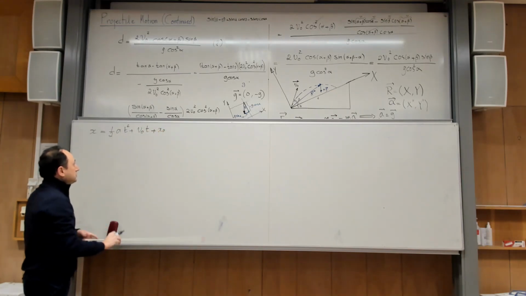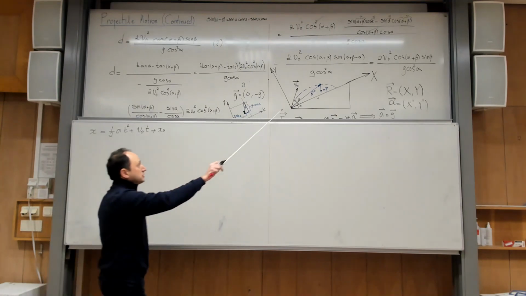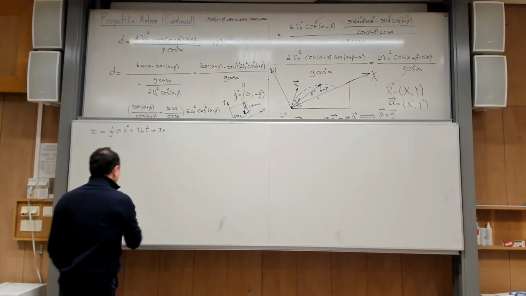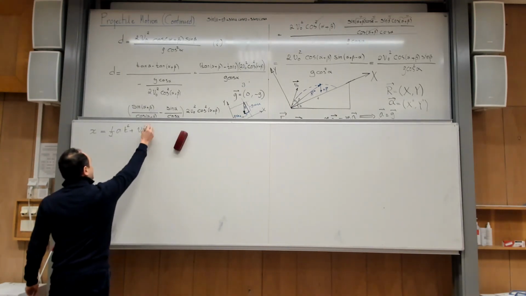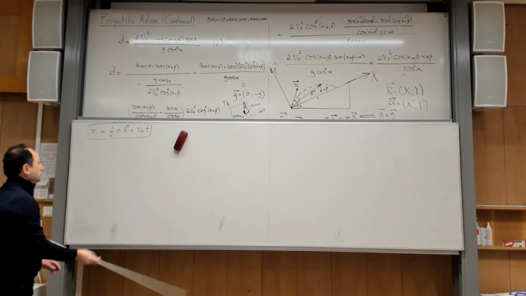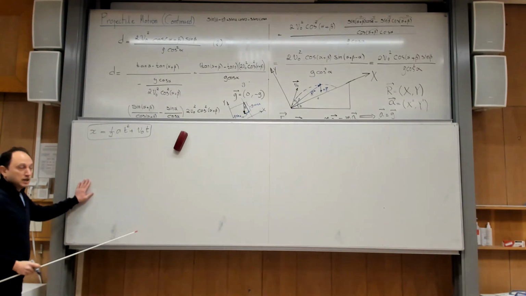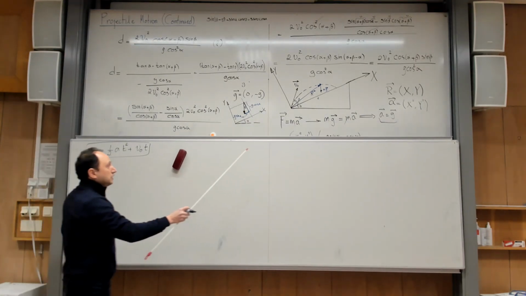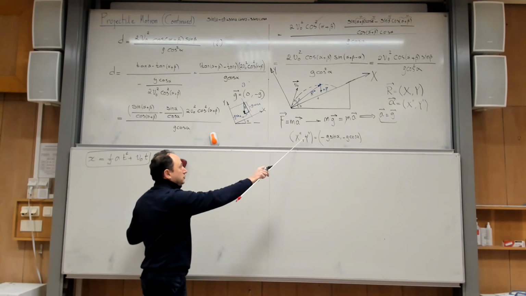Here I don't need to worry about the initial position, because I still start from 0. So let us just keep it in mind. That is the formula that you have in physics for constant acceleration. Here I have two problems, one for capital X and one for capital Y.